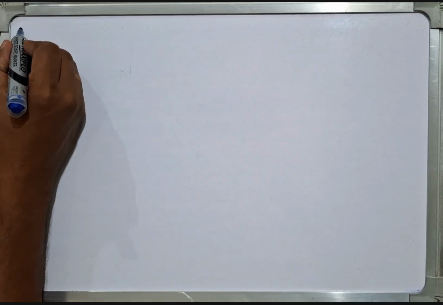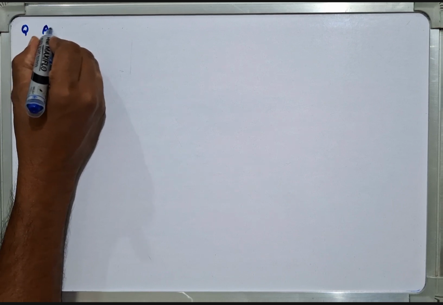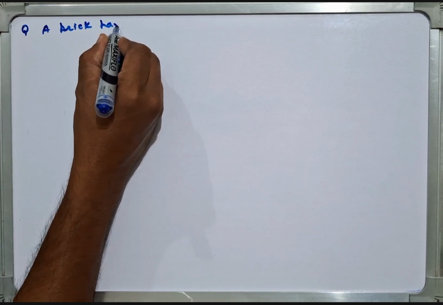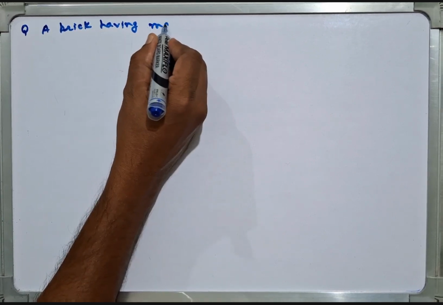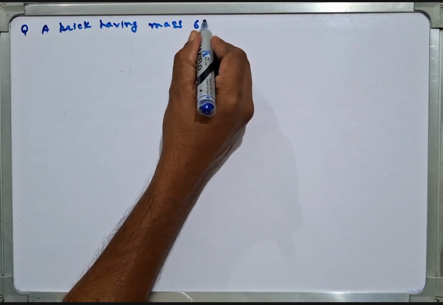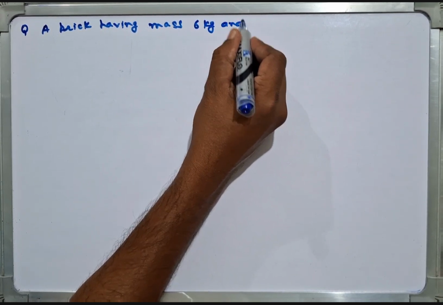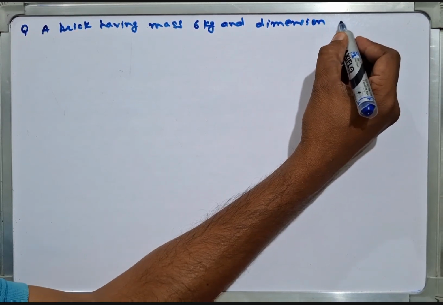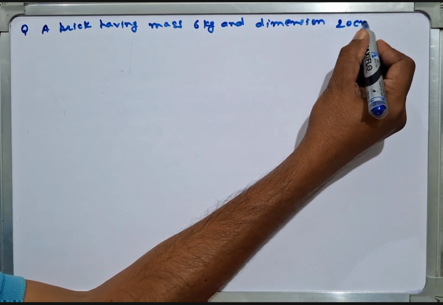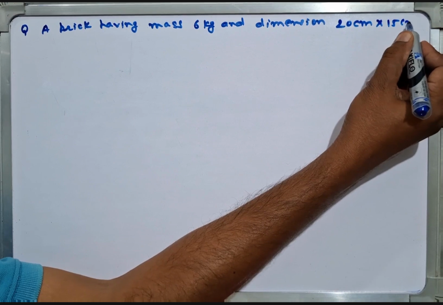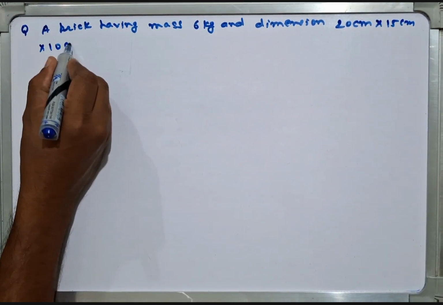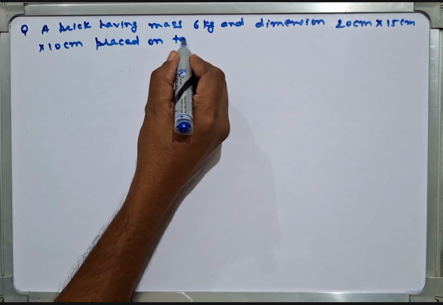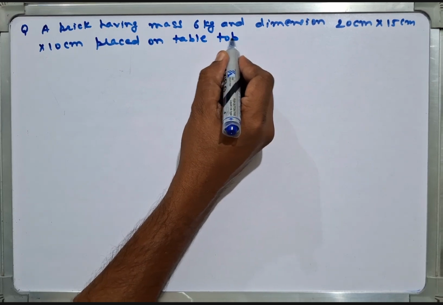See a question: a brick having mass 6 kg and dimension 20 centimeter into 50 centimeter into 10 centimeter is placed on a table top.